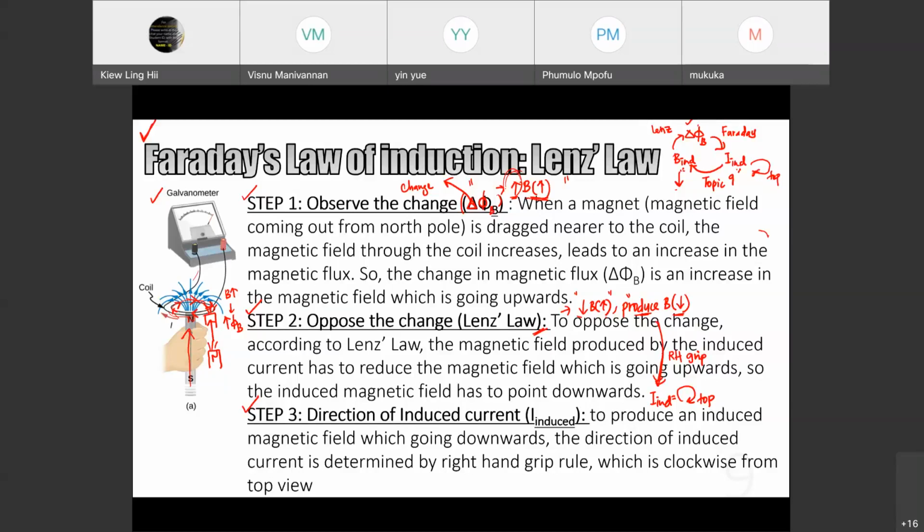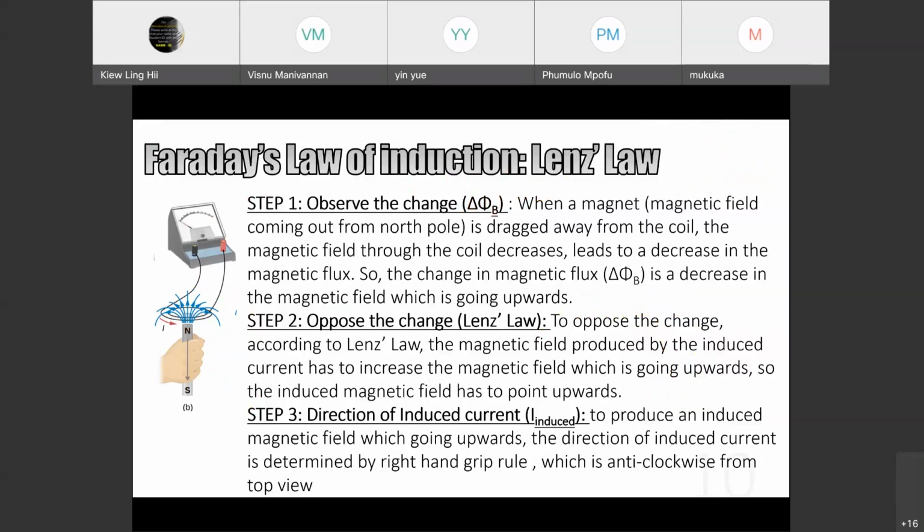Now let's look at another example here. When the magnet bar is being dragged away, the direction of the magnet bar is moving downwards, which means from initially there is a lot of magnetic field across the coil.